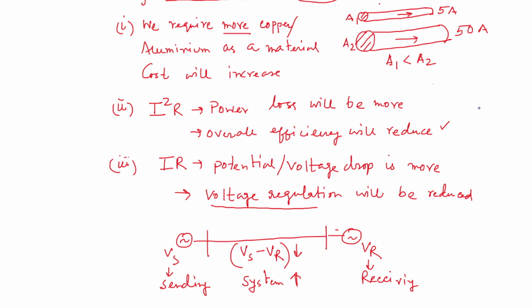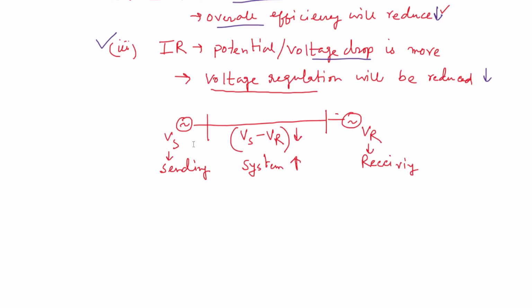First of all, the conductor will require more copper material, so conductor pricing will be increased. Secondly, conductor loss, that means power loss in the conductor, will be more, which means efficiency will be reducing. And thirdly, IR drop, that means voltage drop, will be more, therefore voltage regulation will be reducing. So these problems creep in with the lower value of power factor.